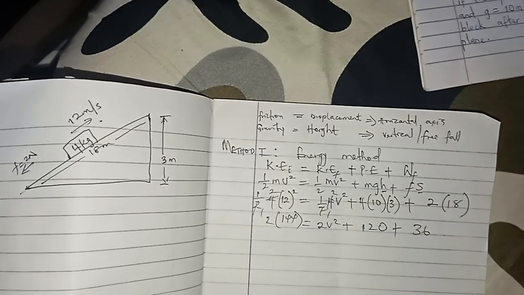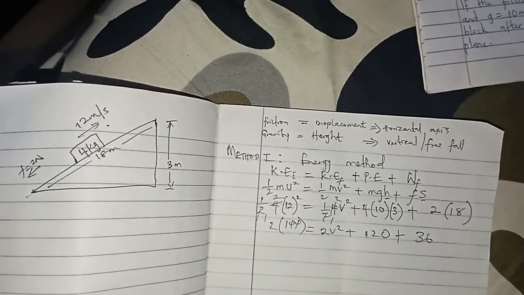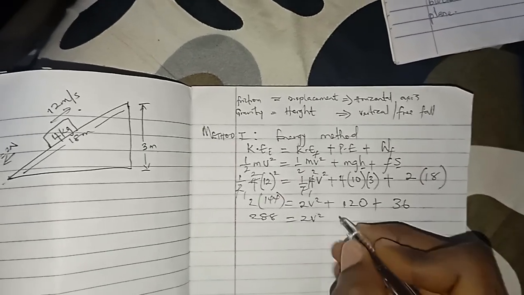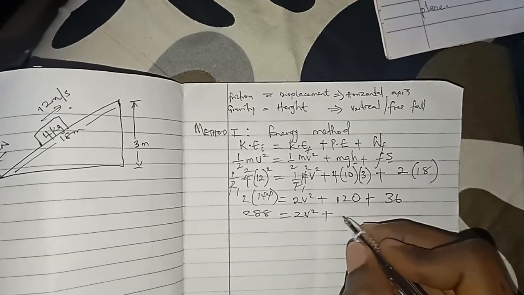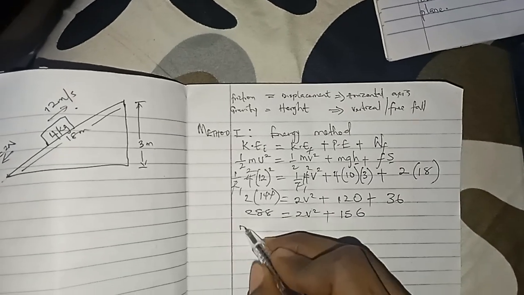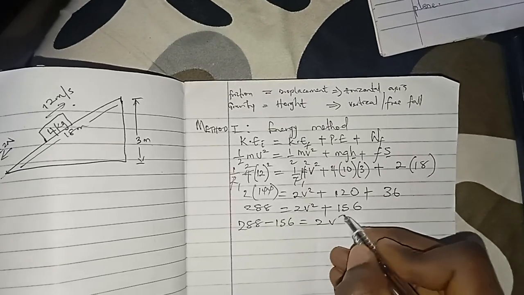So 144 times 2 should be 288. Yes, 288. So it equals 2v squared plus 120 plus 36, that is 156. So moving over, 288 minus 156 equals 2v squared.